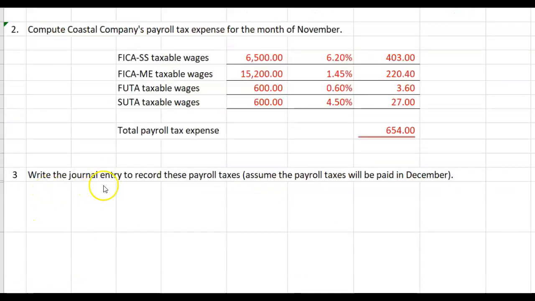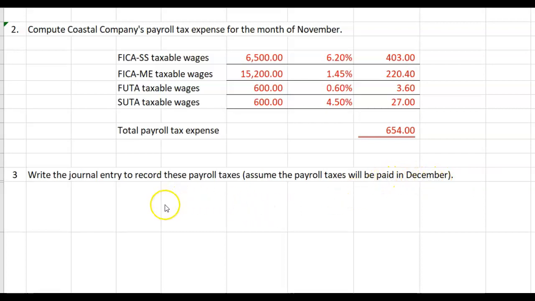Part 3 of this exercise asks you to write the journal entry to record these payroll taxes at November 30th and assume that the payroll taxes will be paid in December. So big hint, you've got payroll taxes payable.